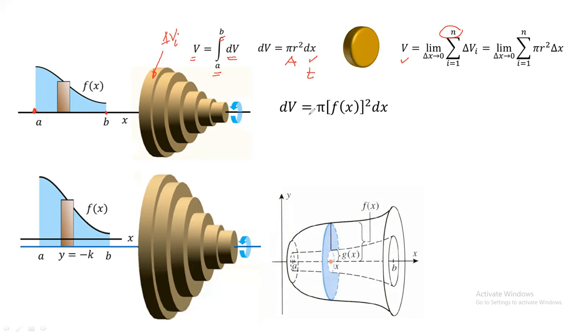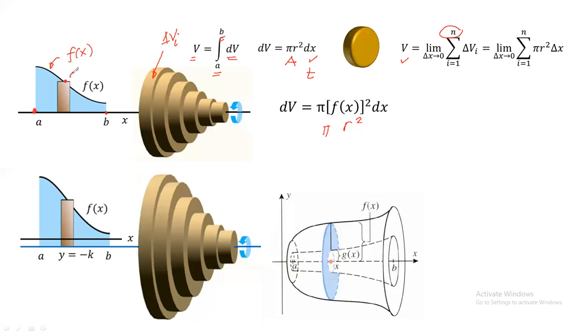So dV is equal to pi f(x) squared dx. This f(x) squared is the r squared, with pi. Your r, the radius of the circular face of your disc, is actually the function itself, because this one is your function.